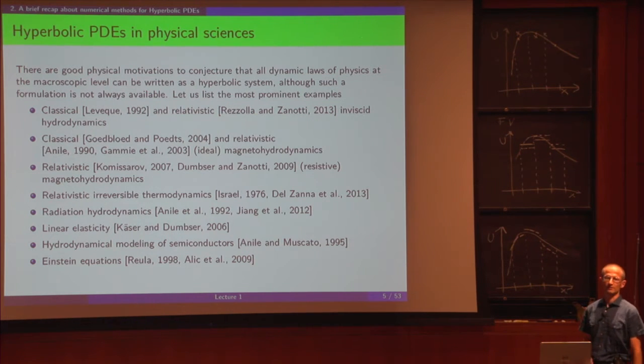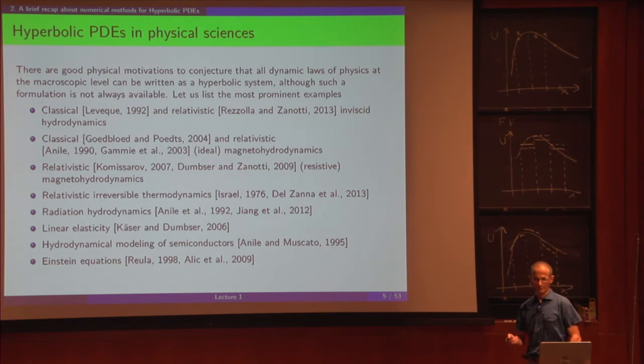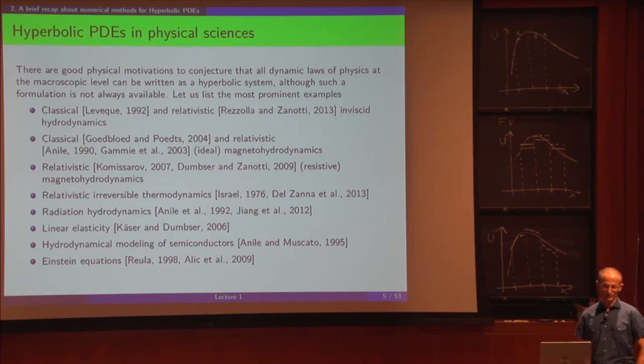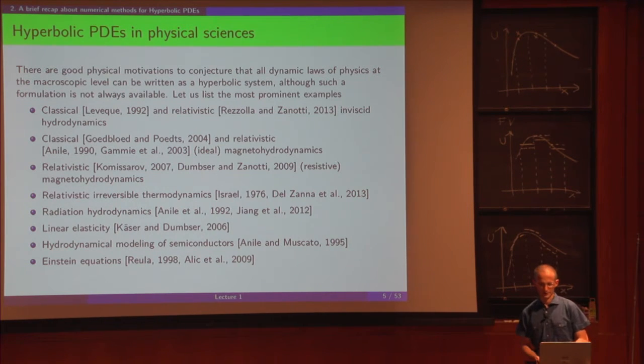Even Einstein equations, no? It's true that nowadays the majority of numerical relativity codes are based on second-order in space formulations of the Einstein equations, so not first-order formulations. But the first-order hyperbolic formulation is also very promising, as you have seen last week in other lectures.